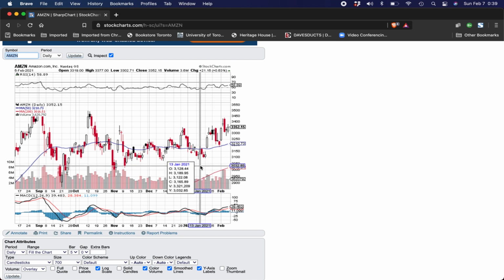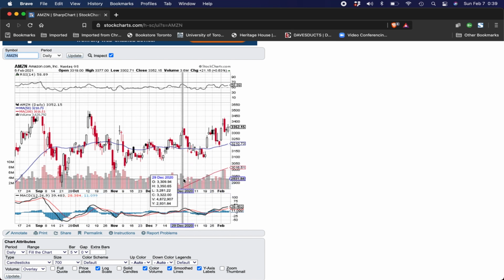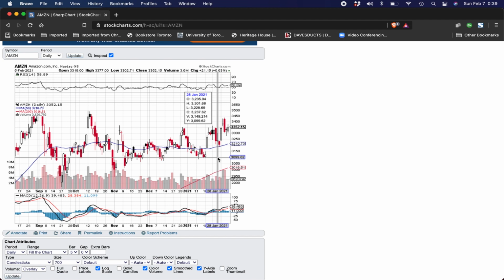It's been a range-bound stock, and at a quick glance, I would say that in the short term, support seems to be around, well, I would say 3100 seems to be a fair support for Amazon.